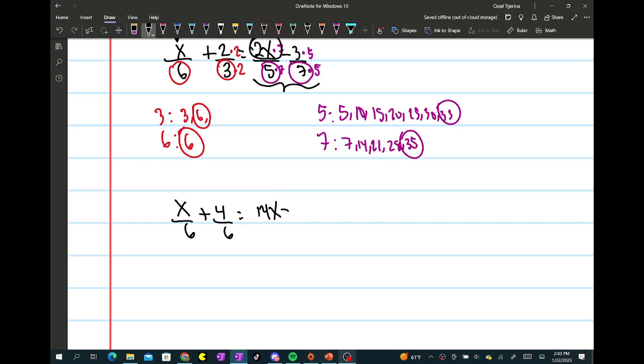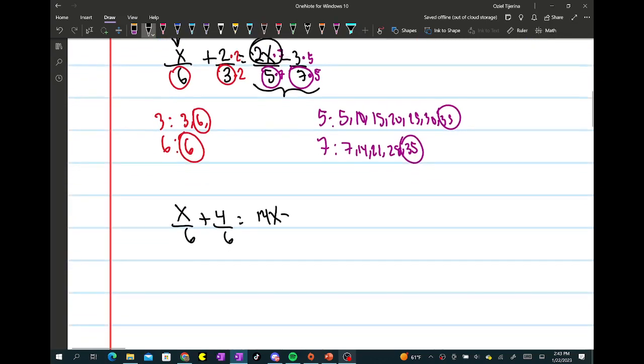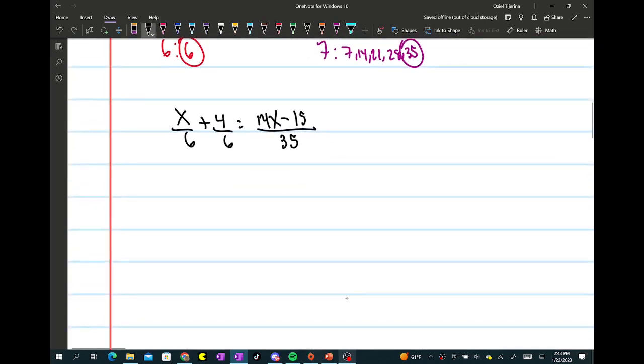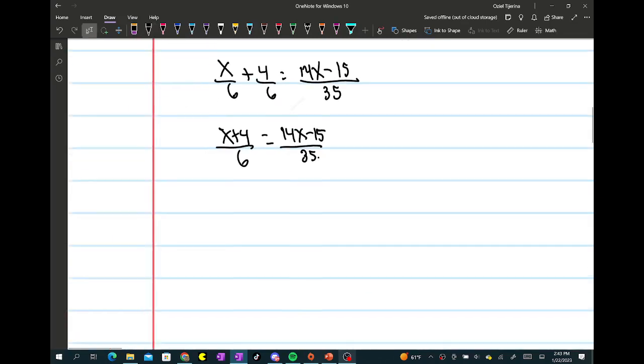And then minus 3 times 5, which is 15. And then over 5 times 7, and they both have the same denominator, right? 35. So now I have x plus 4 over 6 equals 14x minus 15 all over 35.